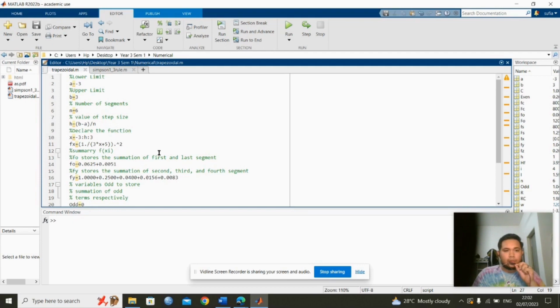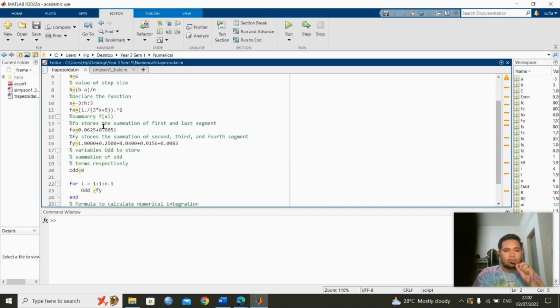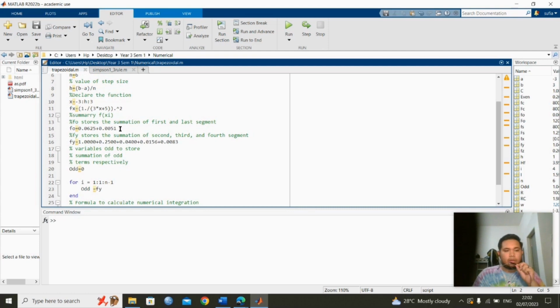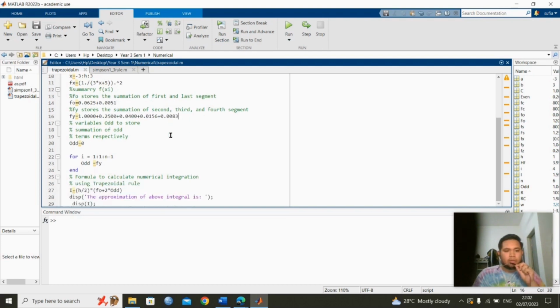For our group, we will do the trapezoidal and Simpson's 1/3 rule. For the trapezoidal rule, our lower limit is -3, upper limit is 3, number of segments is 6. Our h equation, b minus a over n, will be 1. This is the value we obtain in manual calculation, and this is the equation for trapezoidal.